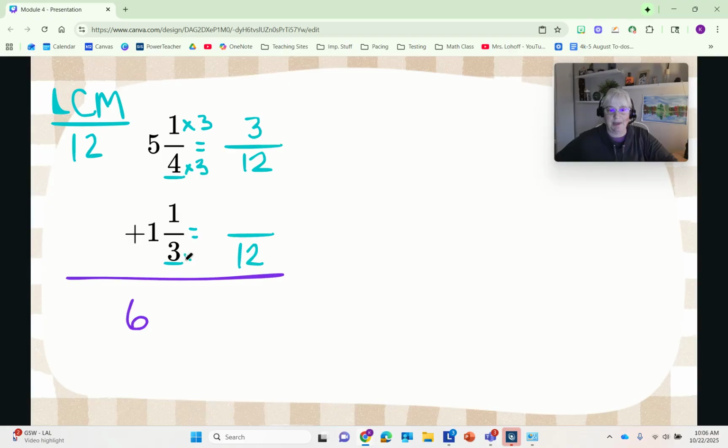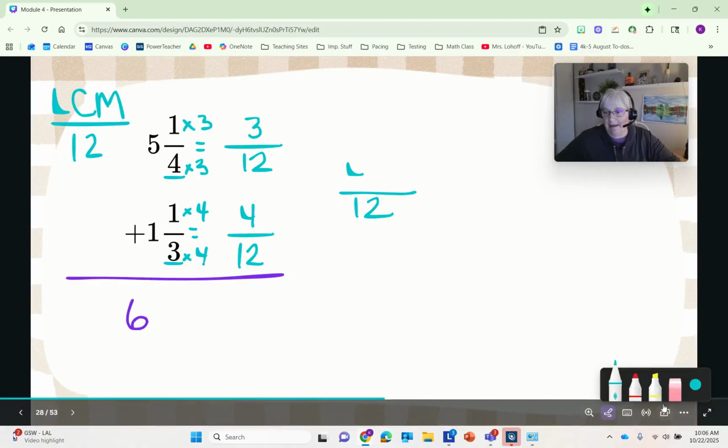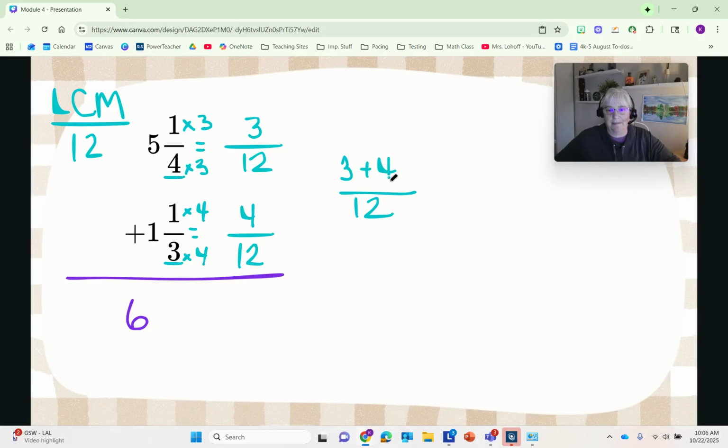We multiplied 3 times 4 to get there. So we have to do the same to the top. 1 times 4 is 4. Now we have denominators that are the same, and we can add this fraction. Our denominator will remain 12, and we're going to add, I switched the order. Let me erase that. The 3 came first. 3 plus 4.